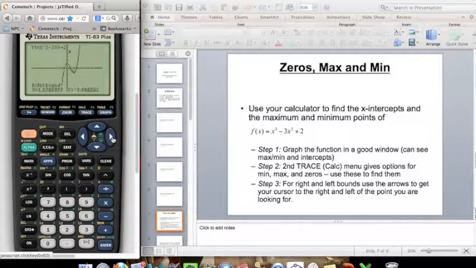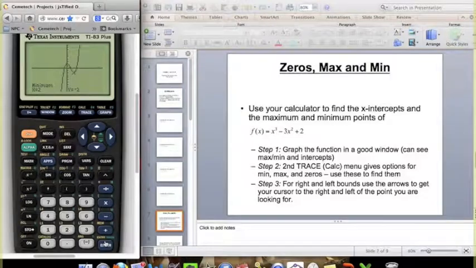I'm going to go past the valley, and hit enter. And I get my minimum. And remember, for maxes and mins, we care about both the x value and the y value. So my minimum is going to be at 2, -2.